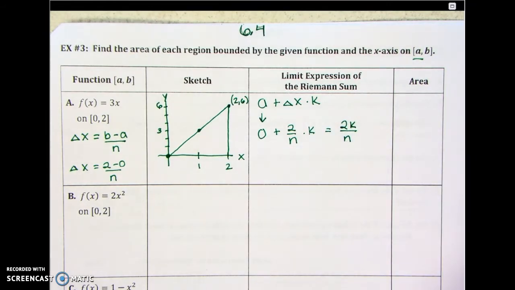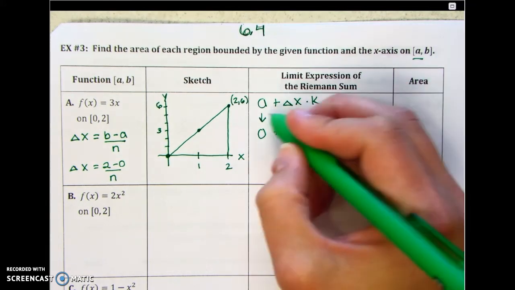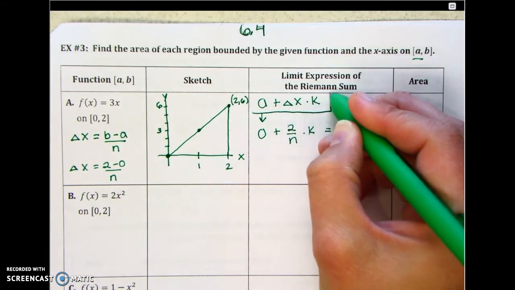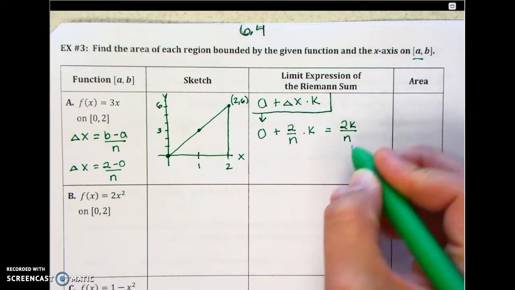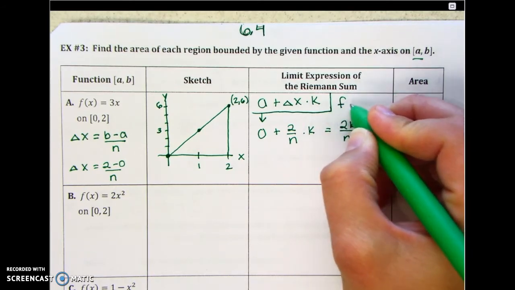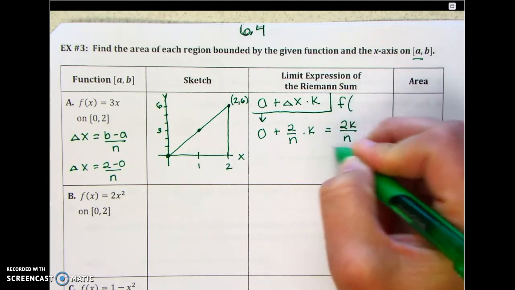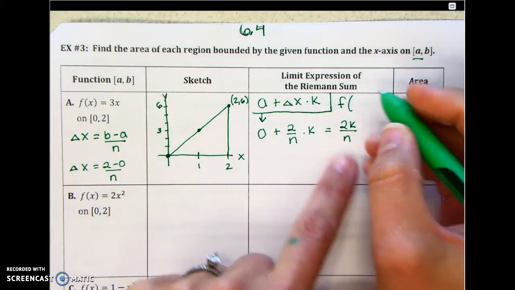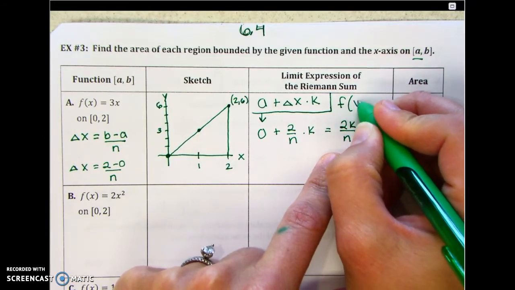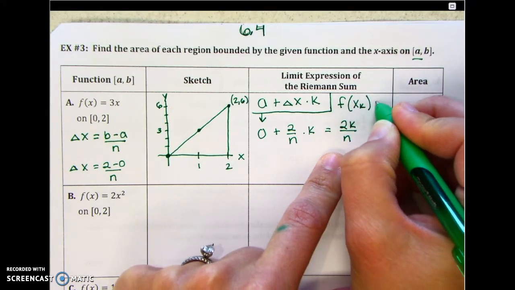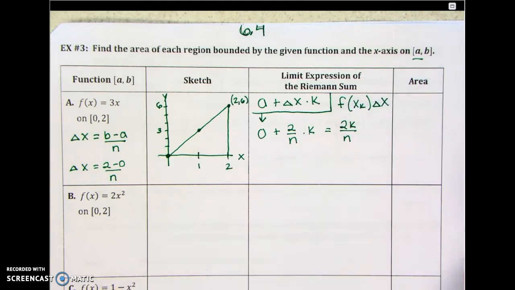All right, that's not it. Then what do we do? Well, this is change of x. The other formula is that the height of the rectangle is going to be f of x sub k. So f of this times change of x is the area of one rectangle.